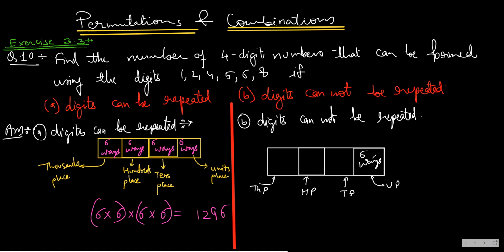But since the repetition of digits is not allowed, when I select any one of these 6 digits for the units place, for the tens place I'm left with only 5 digits. So this can be done in 5 ways. This can be done in 4 ways, and this can be done in 3 ways. So all possible four-digit numbers are 3 into 4 into 5 into 6, that is equal to 12 into 30, 360 such numbers can be formed. Here I have just multiplied; you have to write it properly. You know how to write the answer that you will do.